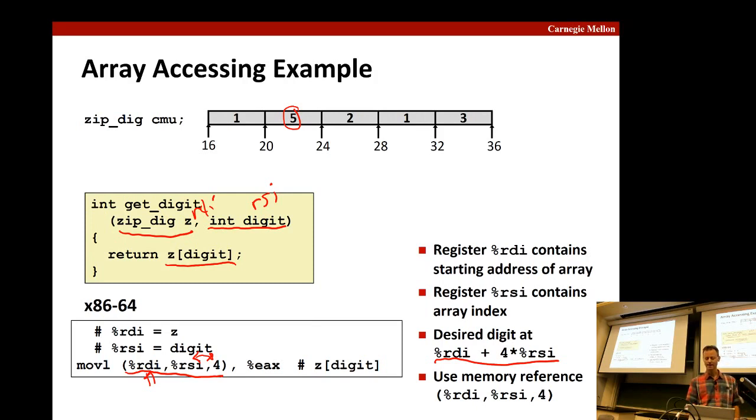That is indeed the start plus a multiple of 4 times however many the digit ends up being. You move that into EAX, which again is the low-order half of the return register RAX, and that's how you get the answer. The nice thing is this entire procedure was just one instruction. Okay, any questions on that?